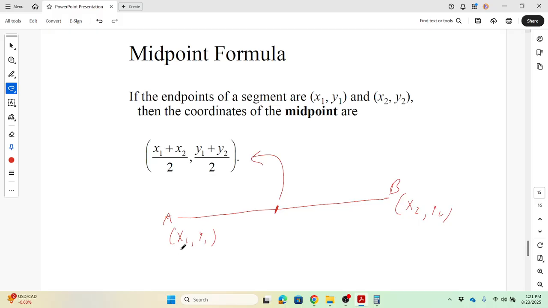For example, let's say here is 1 comma 4 and that is 5 comma 5. Then for finding the middle point, you have to add the x coordinates and divide by 2. 1 plus 5 is 6, divided by 2 is 3. You have to add the y coordinates, which is 4 plus 5 is 9, divided by 2 is 4.5. So that is the midpoint formula.